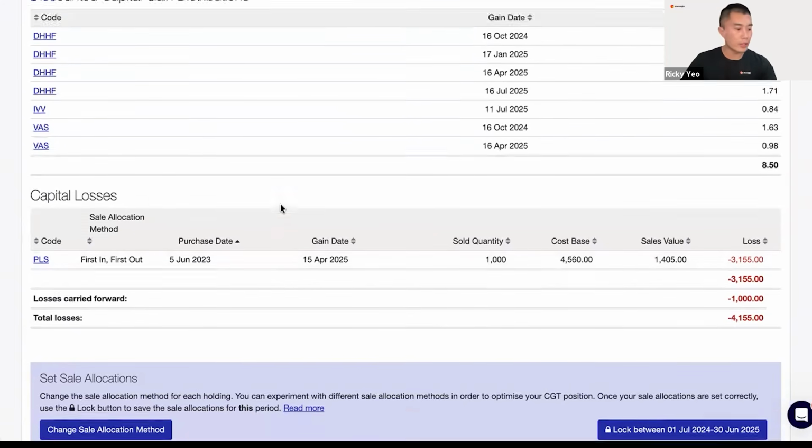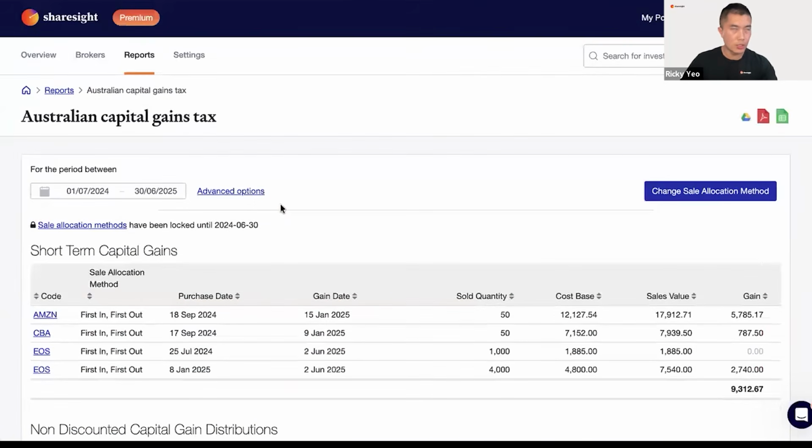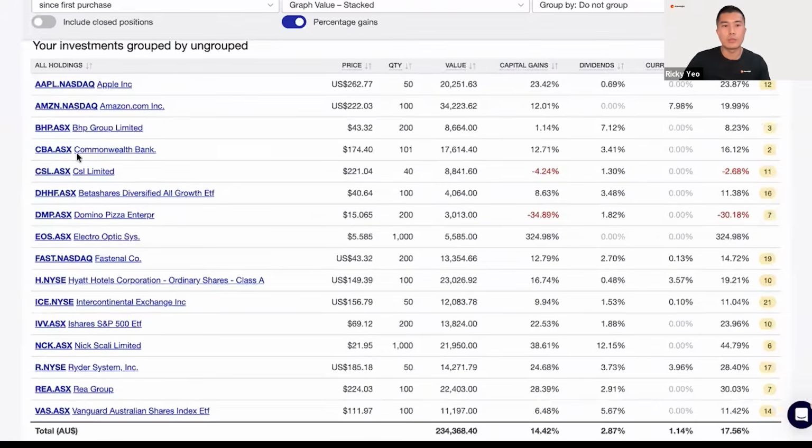Corporate actions: how do you handle a demerger? It depends on a case-by-case basis, but in general there will be some sort of cost base adjustment.